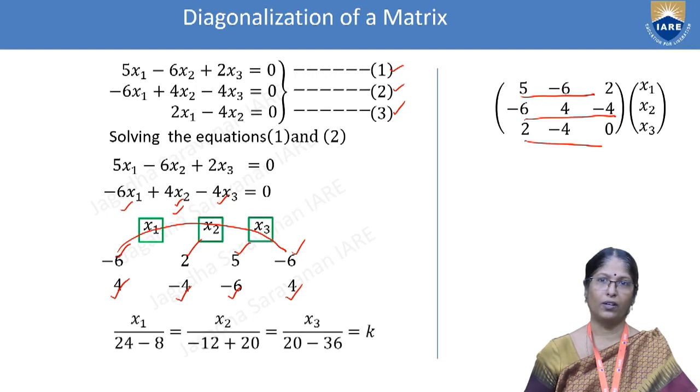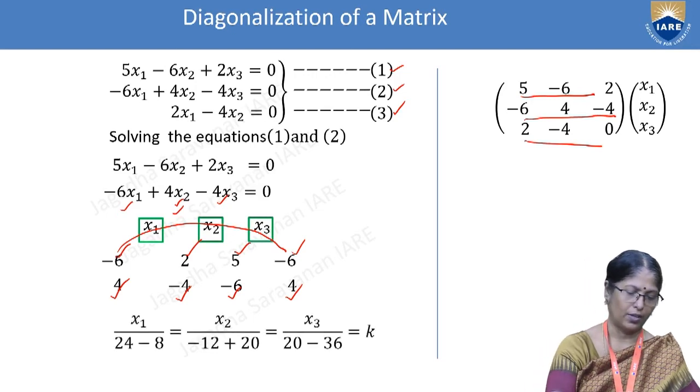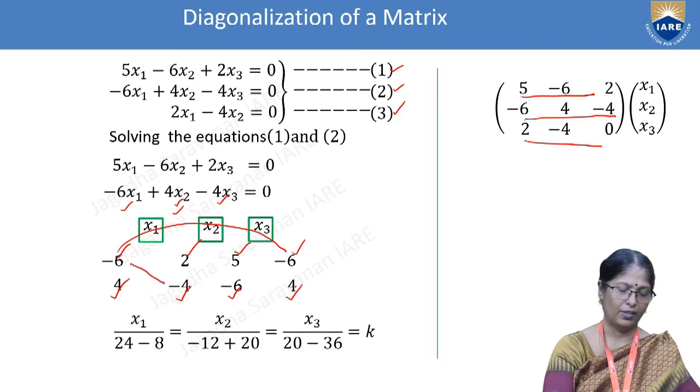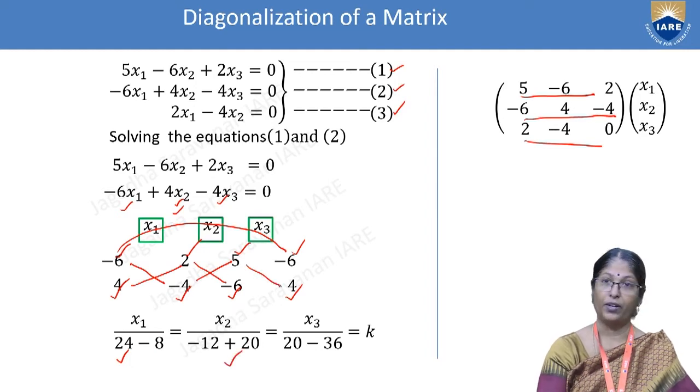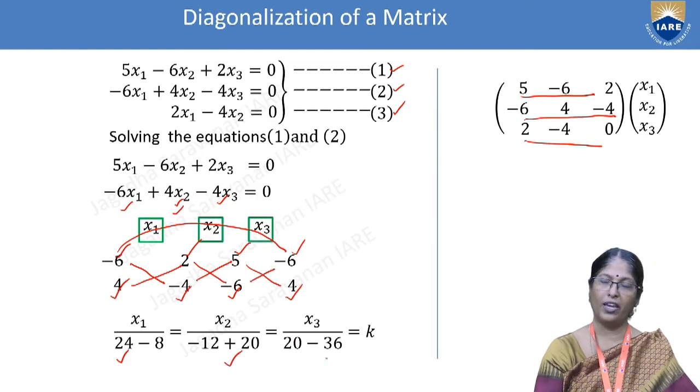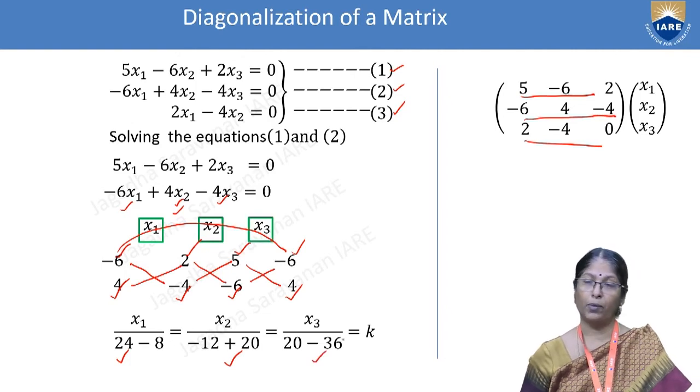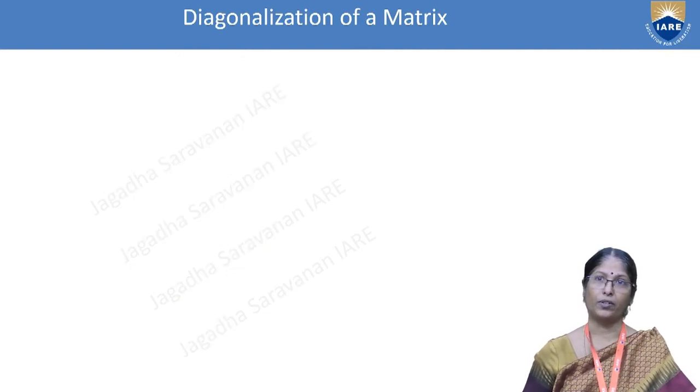Now we can see here x1, this is the cross multiplication: minus 6 into minus 4, 24, minus of this minus 8, this minus 12, minus of this cross is minus of minus 20, plus 20. Next 20, minus of this cross, minus 36, equal to k. K is nothing but an arbitrary constant.